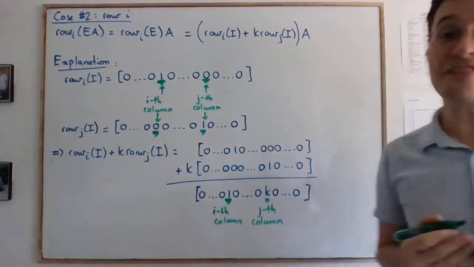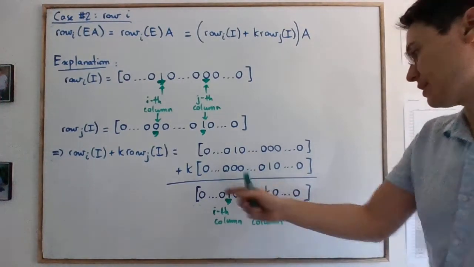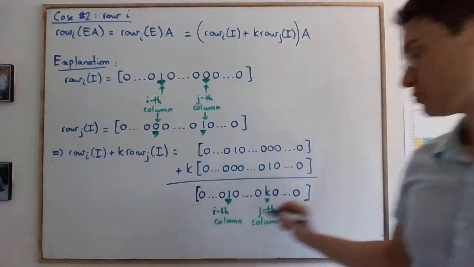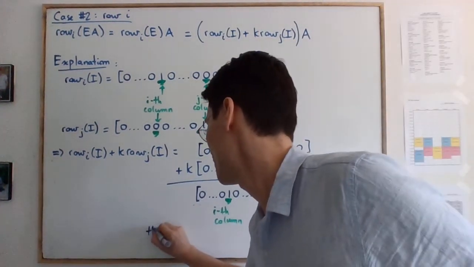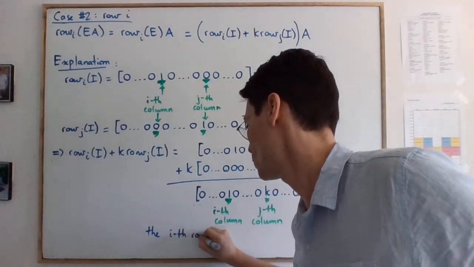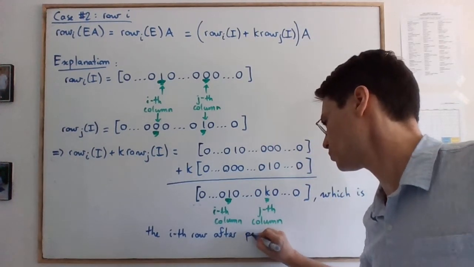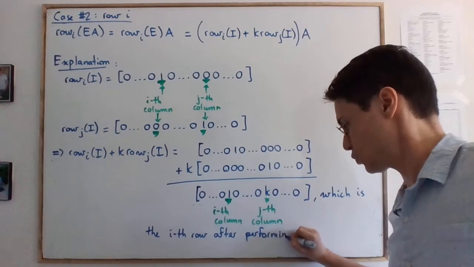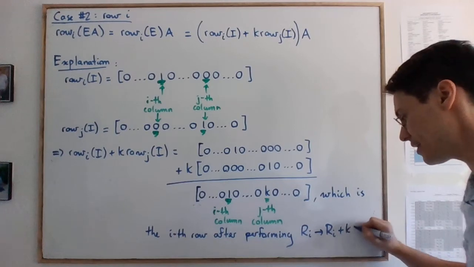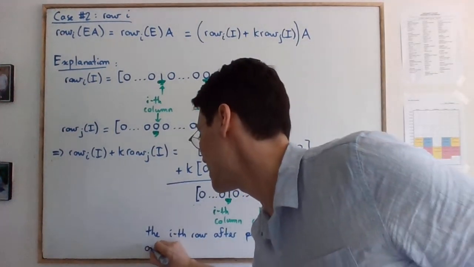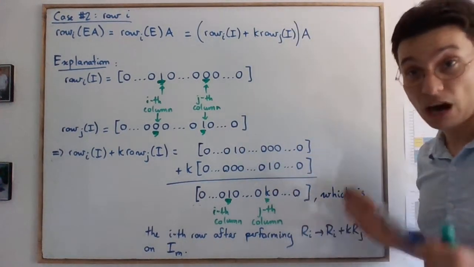And as you can see, this is the result that we're looking for, that we obtain from I by the row replacement, which is the ith row after performing row i goes to row i plus k row j on the identity matrix. So you need to be convinced of that in order for us to move on.